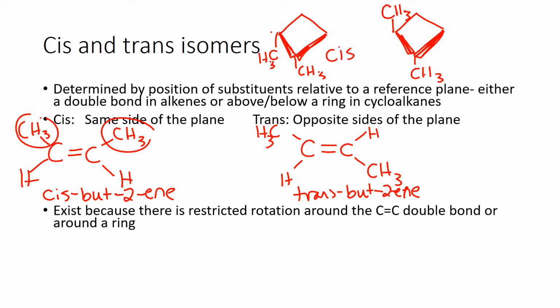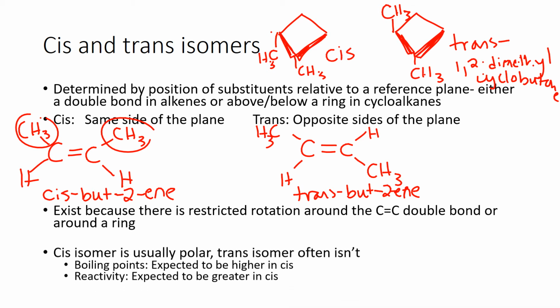So this is the cis isomer, this is the trans isomer, and it's trans 1,2-dimethylcyclobutane. And this would be cis 1,2-dimethylcyclobutane. So these exist because there's restricted rotation either around the double bond or around a ring. You can't just have things flipping around in either of those cases.